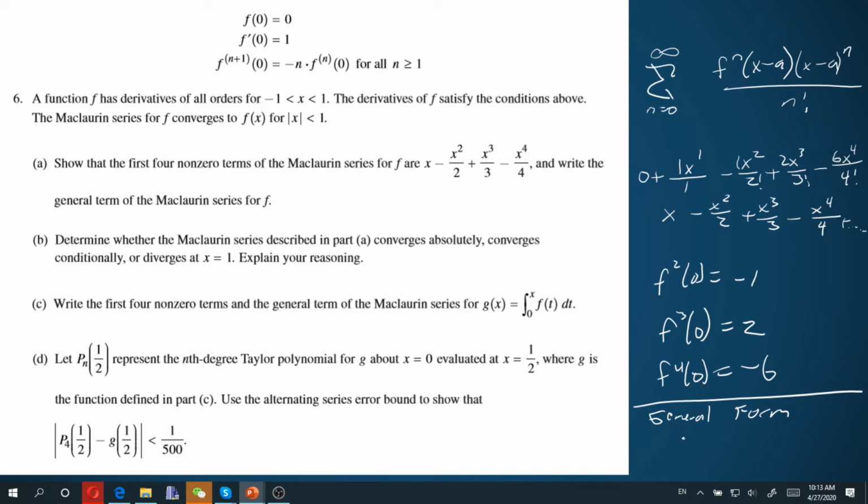What are you raising to the power? -1 to the n plus 1 power. Okay, so that'll start even, which is positive. This looks good. And x to the nth power over n. Yeah. Okay.